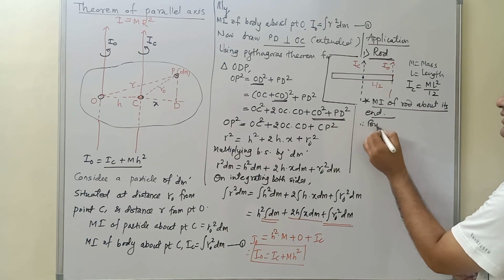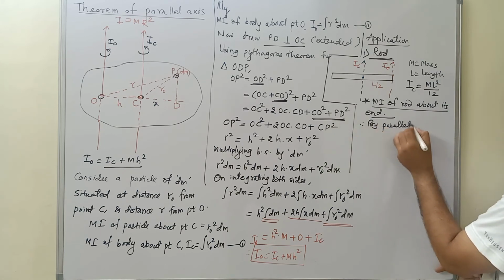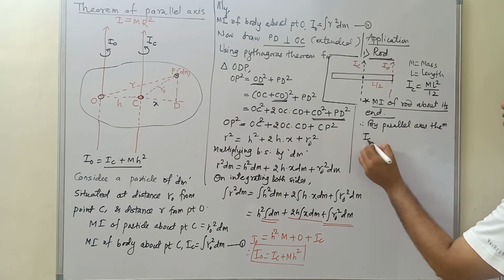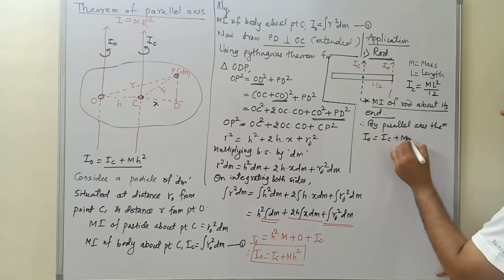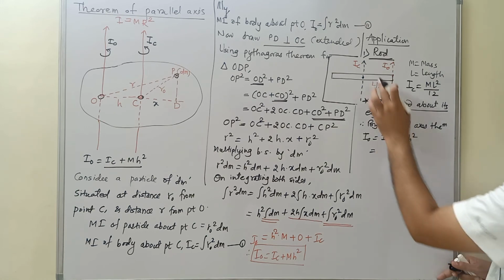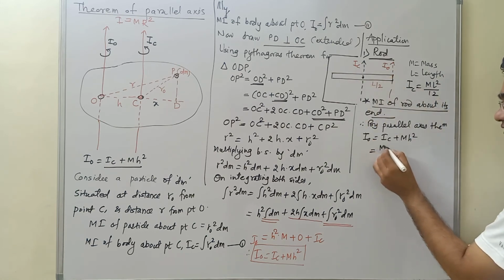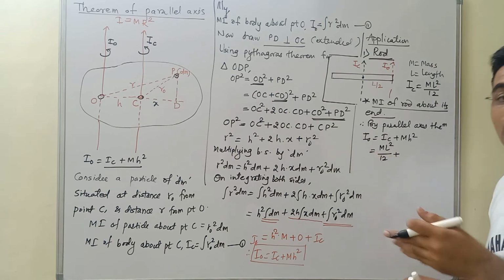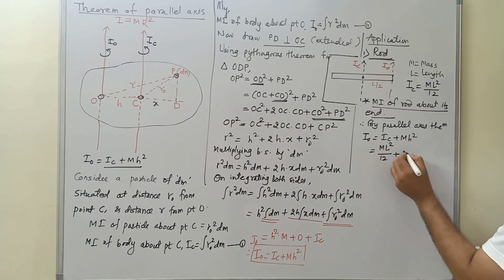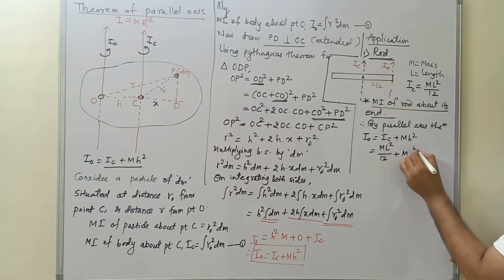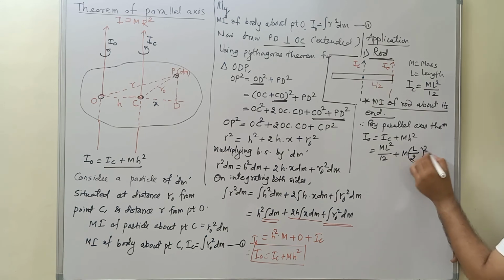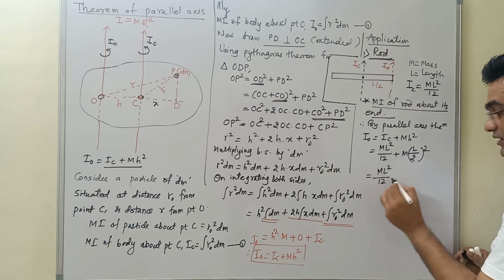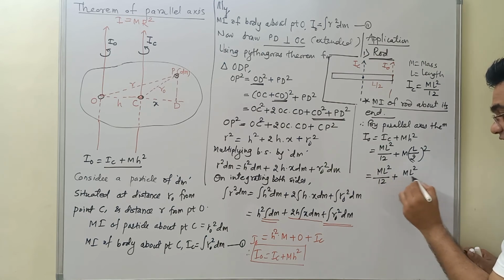By the parallel axis theorem, I can write IO equals IC plus MH square. What is the value of IC? I have already written it, ML square upon 12. You have to keep these values in mind for all the objects that will come. H is L by 2, squared. So ML square by 12 plus ML square by 4.